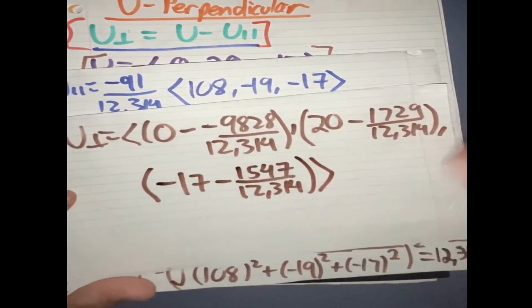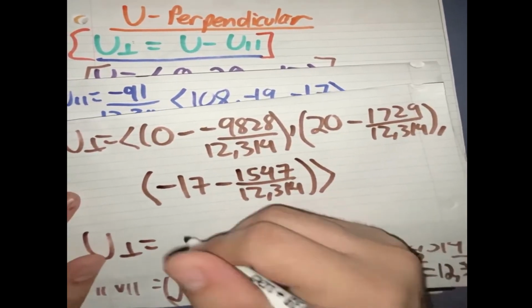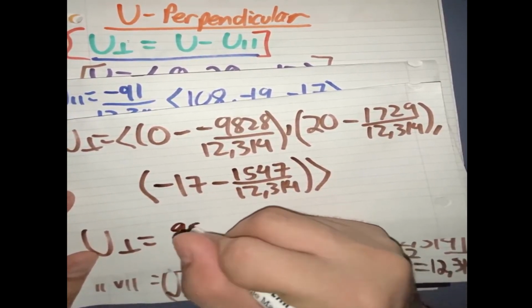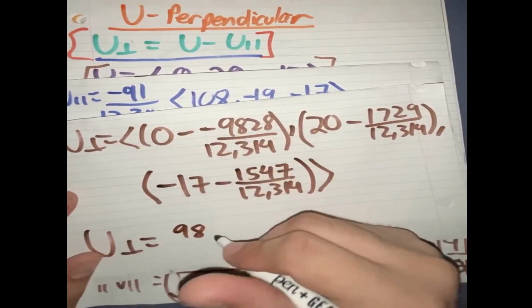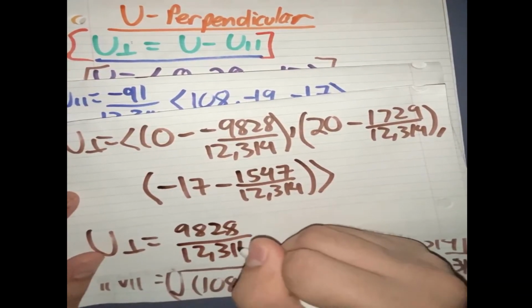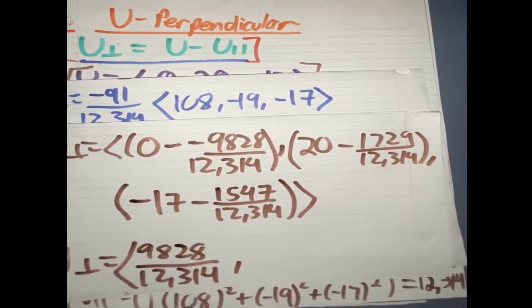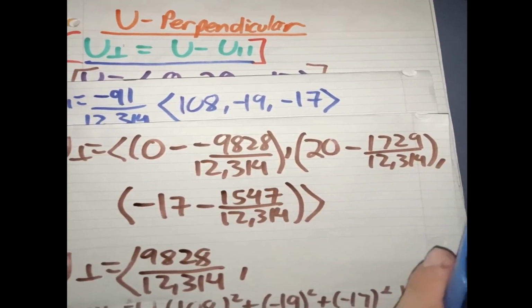And the hardest part of this one really is just computing it, just because we have really huge numbers, but it's a very easy problem. So the first one will just be 0 minus negative that, so it's just going to be positive. The next one would be 20 minus that number, which I'm going to need my calculator for.